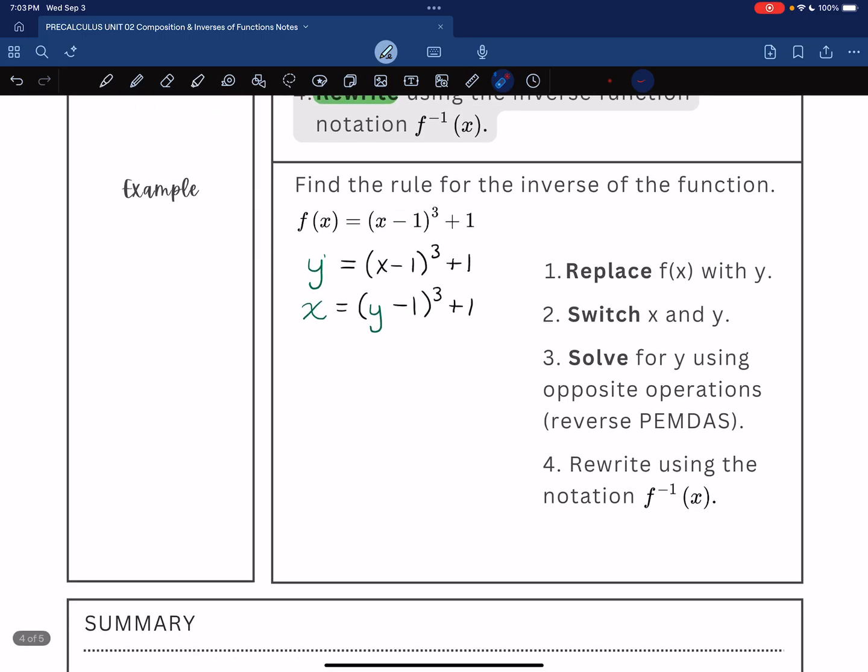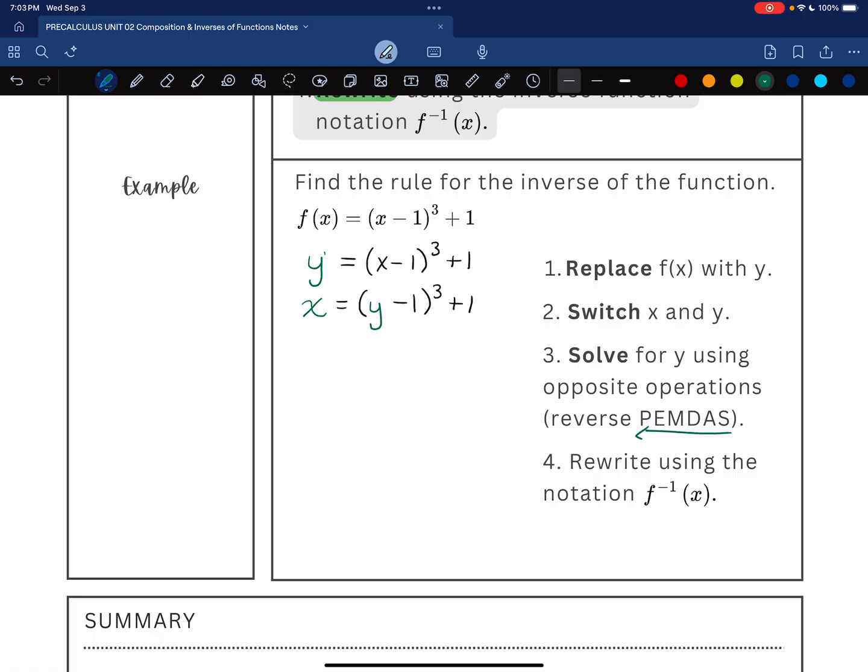Then step number 3, we're going to solve for y using those inverse operations, reverse PEMDAS. So can we undo any adding or subtracting? Because remember, you're always going to do PEMDAS in reverse order. Whenever you're solving, you're doing PEMDAS in reverse. So any adding or subtracting we can do? Absolutely.